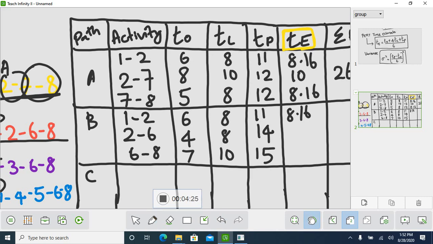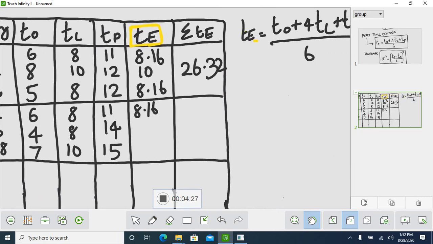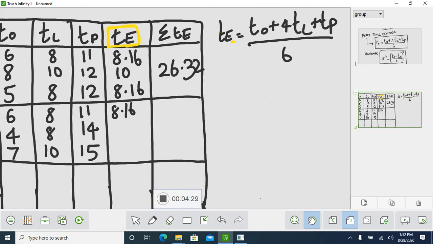Now using the expected time formula, calculate for 4, 8, 14. Calculate it, students. What will your answer be? 50 divided by 6, that is 8.3.